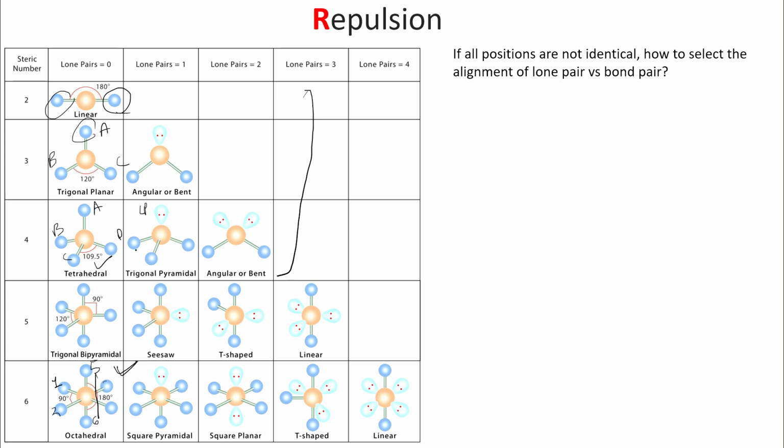So all these three thin people, suppose it is ammonia, will be squeezed in. So instead of 109.5, it will be 107 or even lesser. But the point remains that they are identical, and you don't have to make a choice about where to put the lone pair.